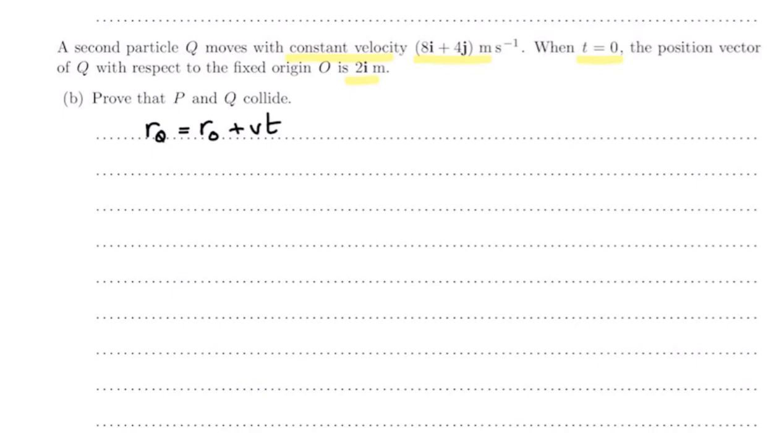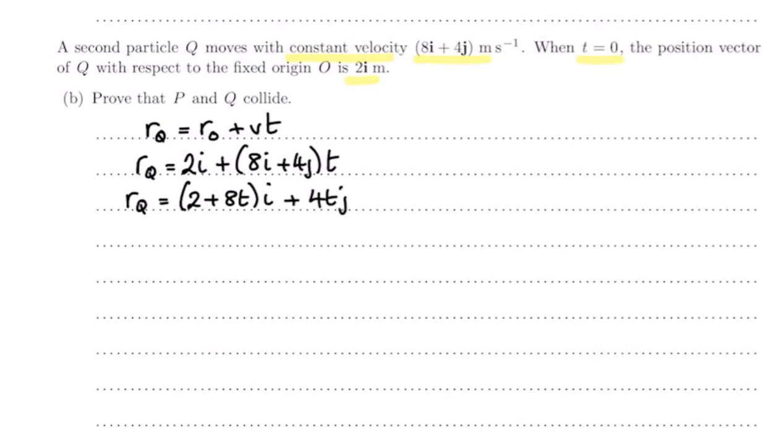I know its initial position is 2i, so rQ equals 2i plus, now it's travelling with a velocity 8i plus 4j, and that's t. So this is the position of Q relative to an origin, it is going to be 2 plus 8t in i plus 4t in j.